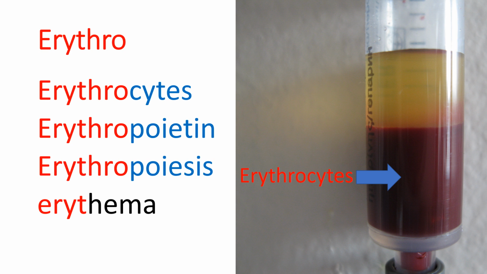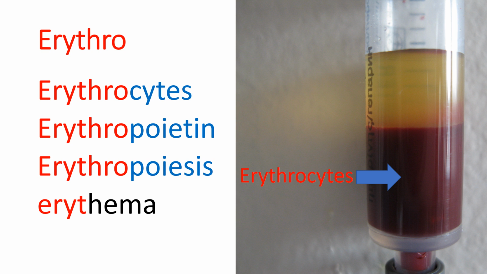Now, erythro is from the Greek word erythros, which means red. So erythrocytes, as we've said, cytes are cells, so erythrocytes are the red cells. Erythropoietin is the substance, a hormone really, produced by the kidney, that stimulates the process of erythropoiesis in the bone marrow.